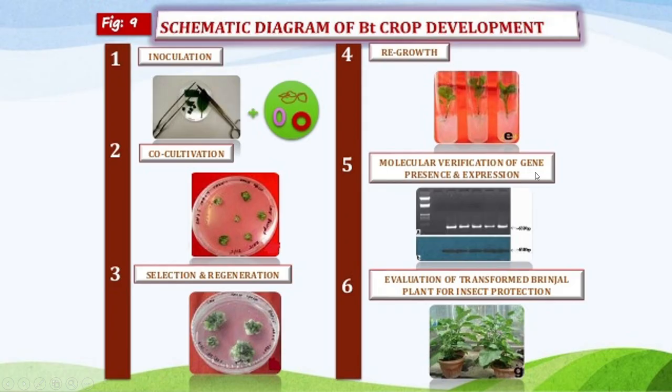One can do PCR to check whether the gene is there inside the plant tissues, or one can do Western blotting to see the expression of the insecticidal crystal protein. And once these plants are ready, they can be tested in field trials for insect protection.